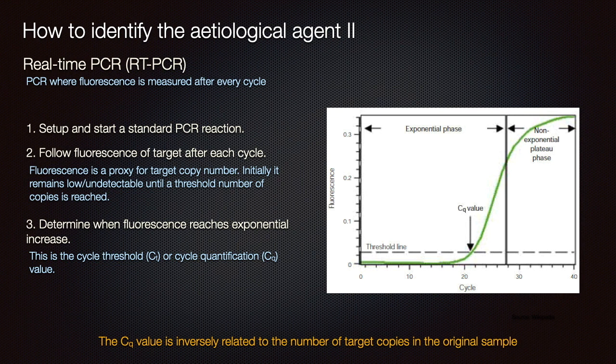At that point, where it starts to become exponential growth, that point is called the CQ, or the cycle quotient value. As we progress through the exponential phase, eventually the polymerase will run out of raw material to make your product, and so we will see a plateau in fluorescence.